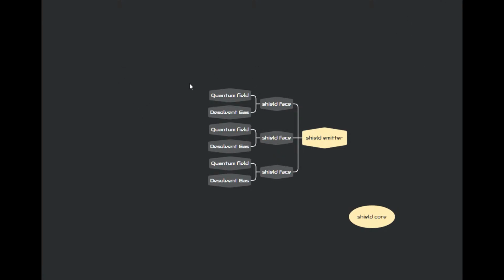So I'm going to do one better, and what we'll do is actually do the quantum field. We'll put the dissolvent gas, and we'll just put the hardened shield. And not only that, we'll also include a relationship to the quantum field.